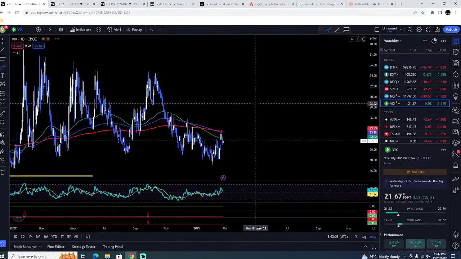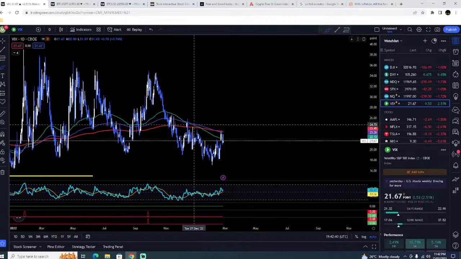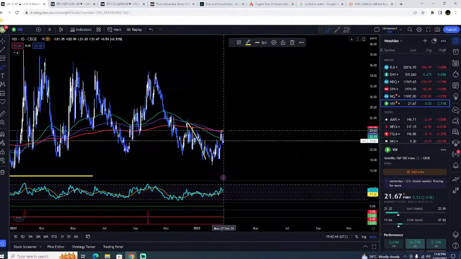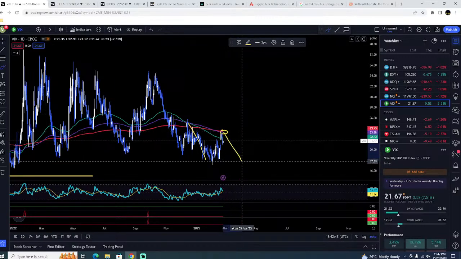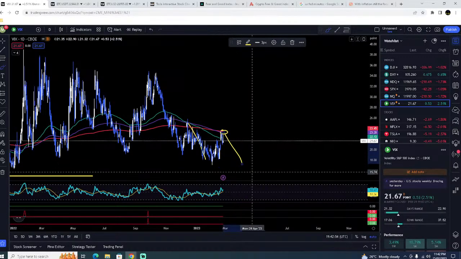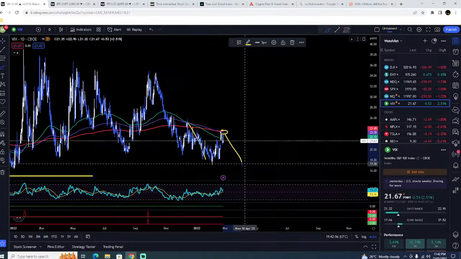And the VIX index, yes, again look at this rejection from these moving averages. We saw this, we are almost testing them again. So if similar thing happens where we see a rejection on the VIX index, then yeah, lower levels are coming soon.